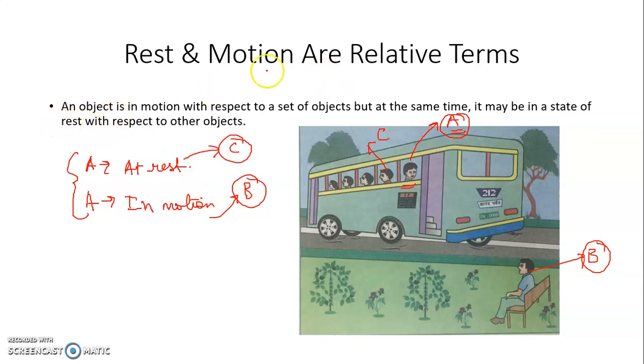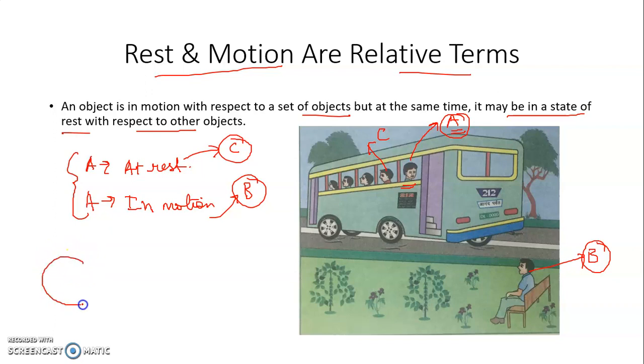And that is why we say that rest and motion are relative terms. An object is in motion with respect to a set of objects, but at the same time it may be in a state of rest with respect to other objects. Clear? Shall I give you one more example?